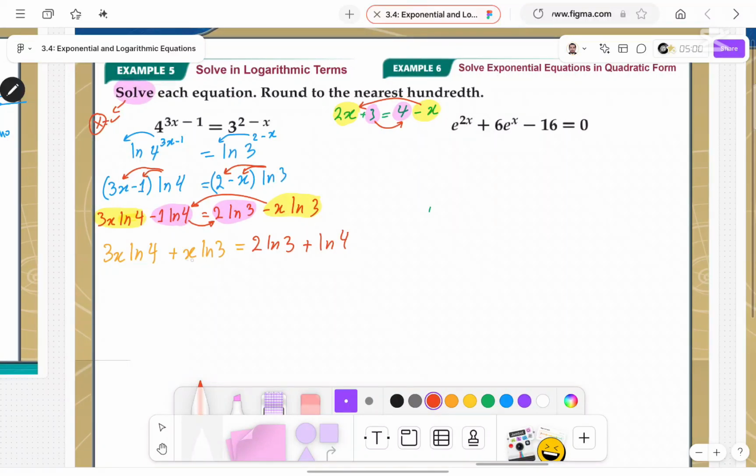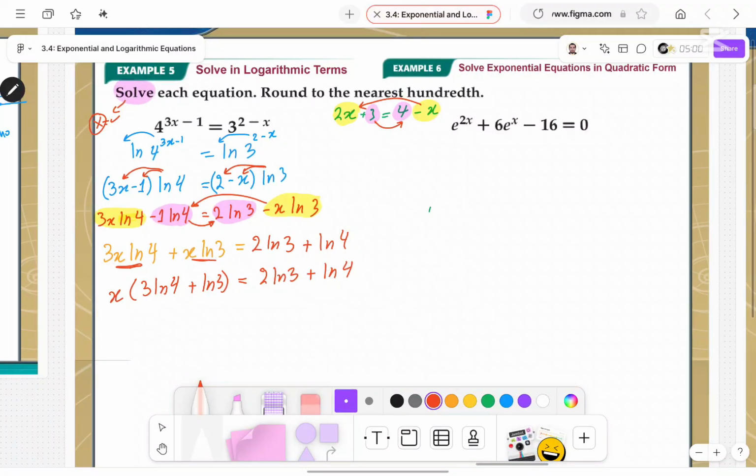So as I can see here, I have x in this term and I have x in this term. So I can take x as a common factor. So x times (3 ln 4 plus ln 3) equal 2 ln 3 plus ln 4.